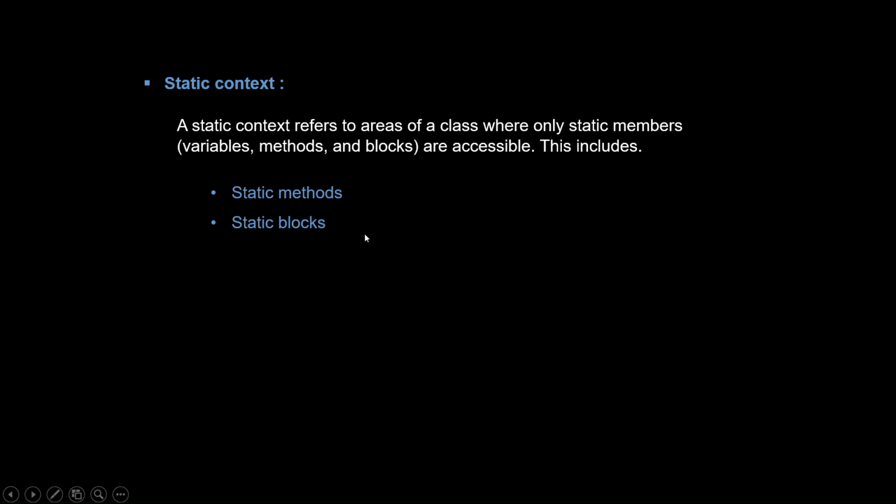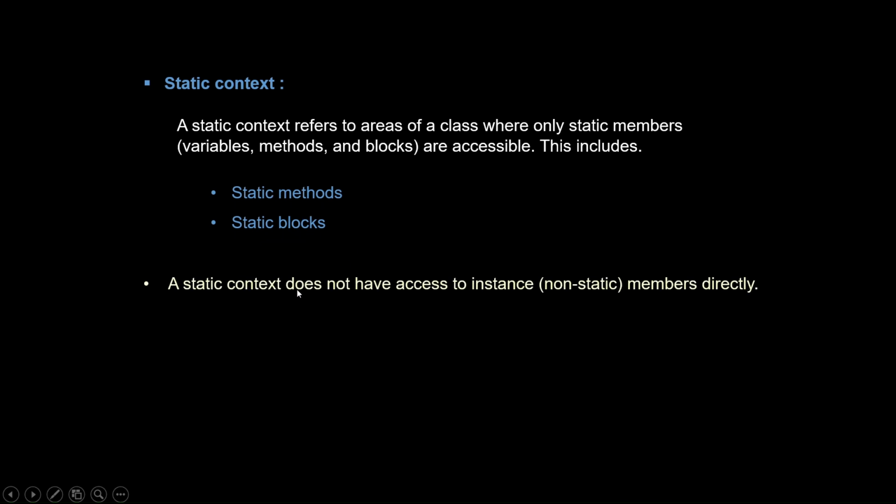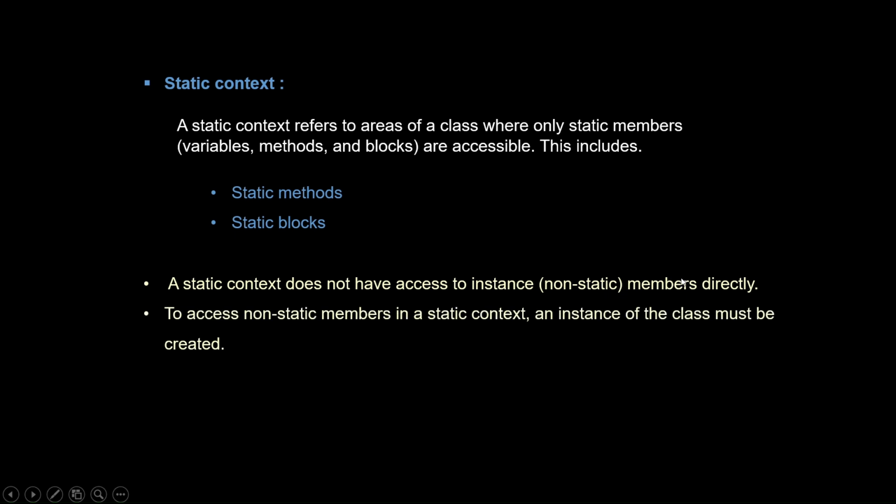It includes a static method and static block. A static context does not have access to instance non-static members directly. We have to create the object to access the instance of the non-static members.